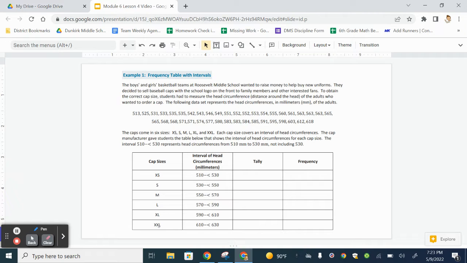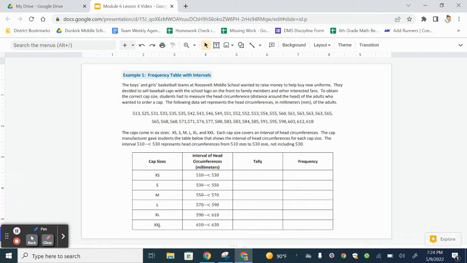Remember when we said, can it be this or is it going to be this? This says the head circumference is 510 millimeters all the way up to less than 530, which means it can't be 530, but it can be 529 and 9/10, 529.99999. It just can't be 530.